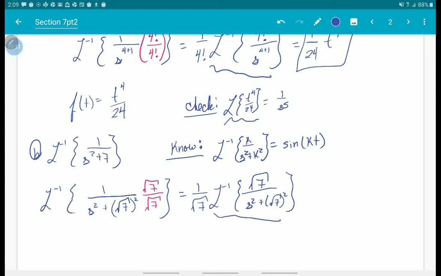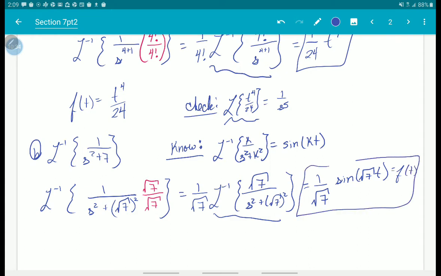And now this guy fits the formula that we need. And this is going to be 1 over square root of 7 times the sine of square root of 7 t. So there's our f of t. So you can see how we're using those formulas to help us do that. And you can also see how we're having to tweak some of these just a little bit.